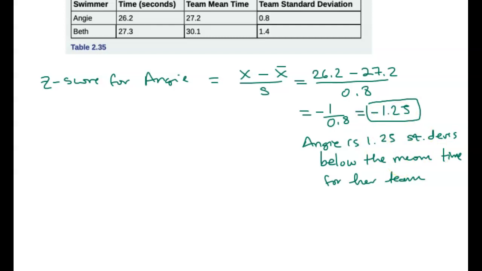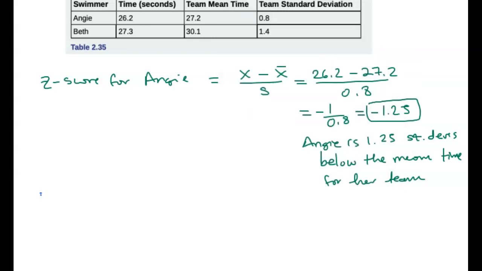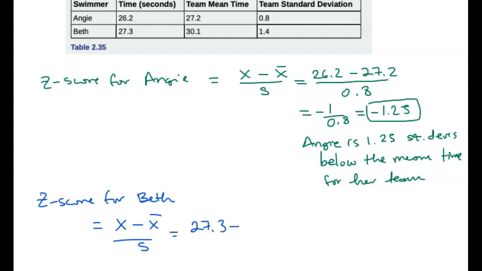All right. Now let's look at Beth. So we want to find the z-score for Beth. We have the same formula, x minus x-bar over s. So Beth's time is 27.3 minus the team mean time of 30.1. She's also faster, right?